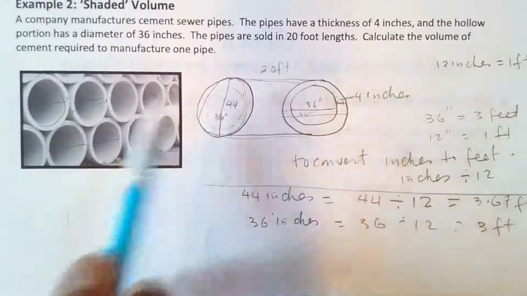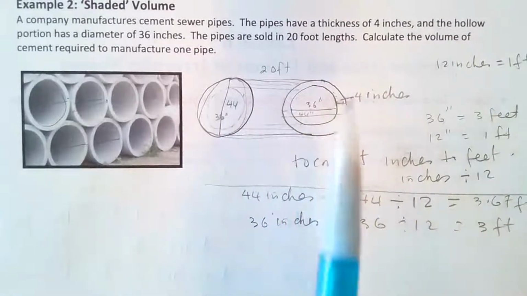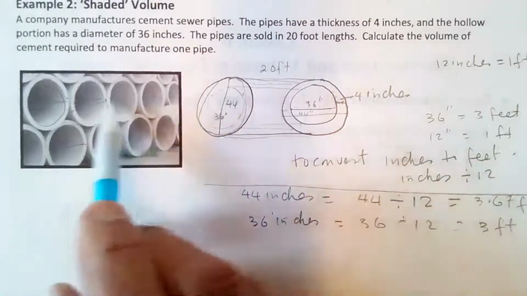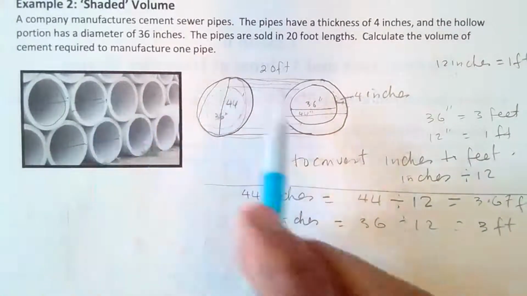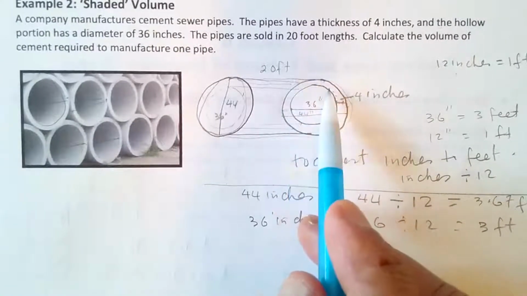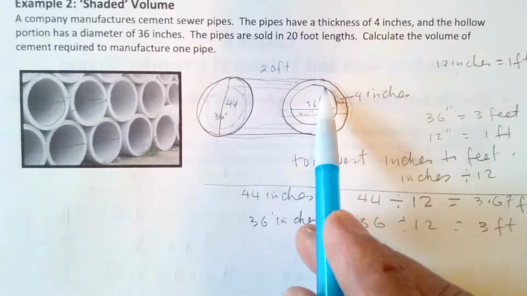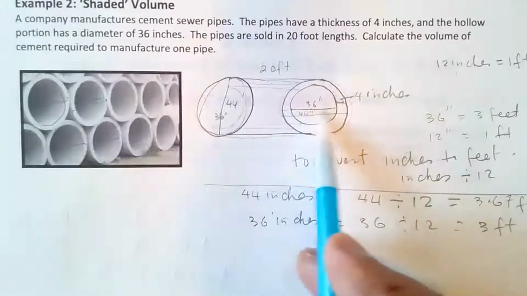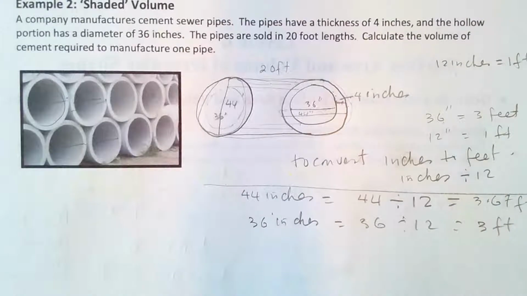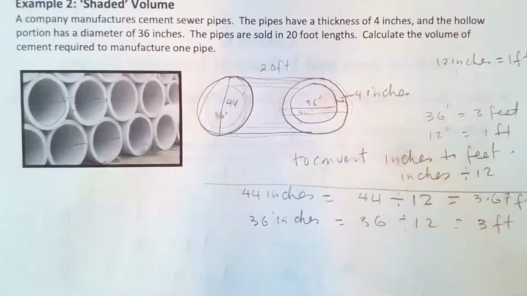We now have to find the amount of material to make this pipe. The volume of cement means you find the volume of the outer pipe, and then you find the volume of the inner pipe, and you subtract them. So we are finding the volume of the outer pipe and punching a hole in it.